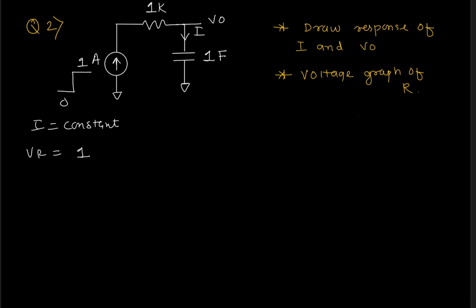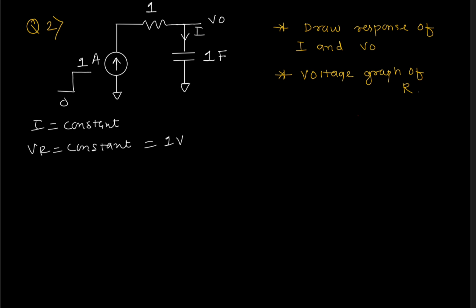So VR also will be constant. I just told them VR is also constant, a straight line. Okay, VR is a straight line, then it is 1 volt.